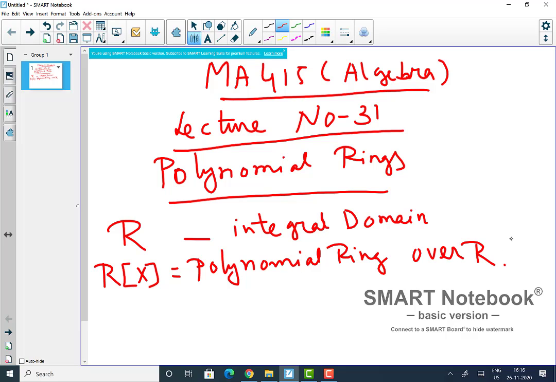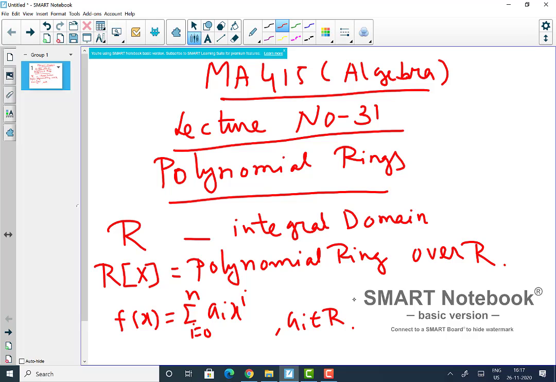That means these are collections of polynomials whose coefficients are from R, right? So like you write f(x) equal to summation a_i x^i, i equal to 0 to n, and these a_i's are elements of R. Okay, this we already discussed.